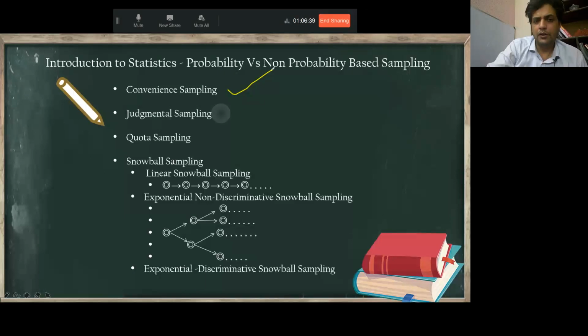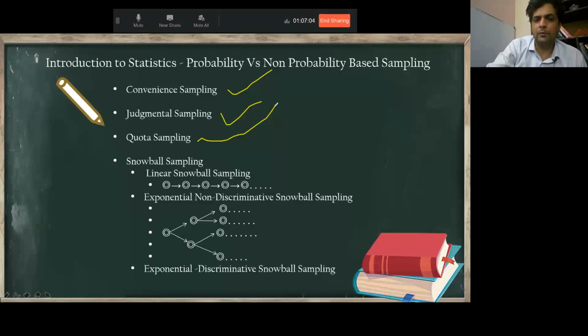Judgmental sampling means you judge people based on their knowledge, asking for an expert's opinion. You select the experts from the big population, and the small n will be the number of experts. Quota sampling is when you define a certain quota for certain characteristics.